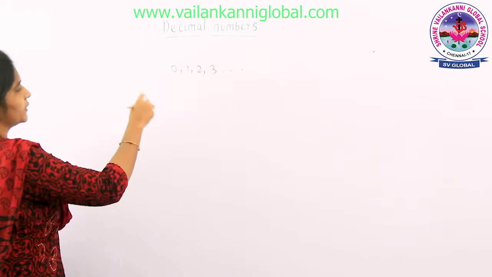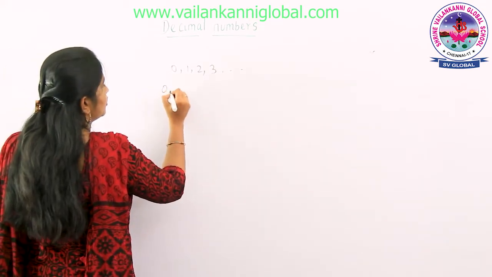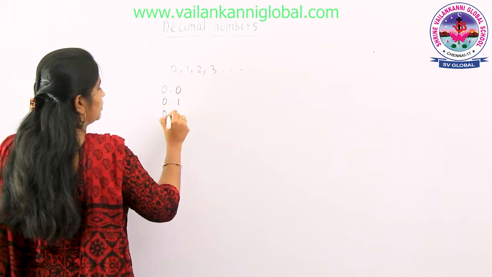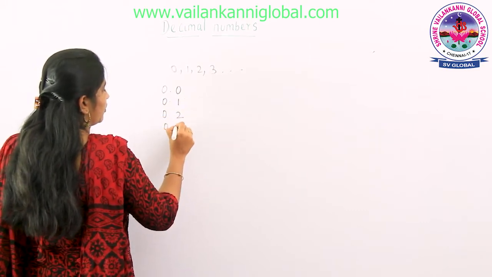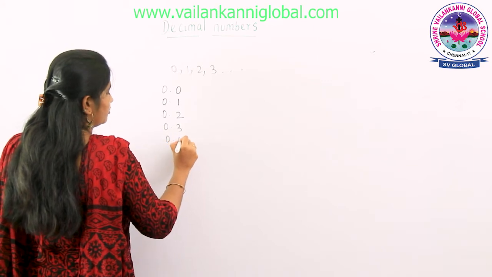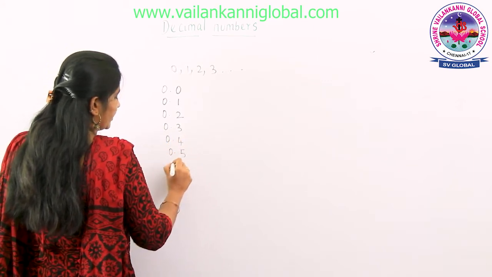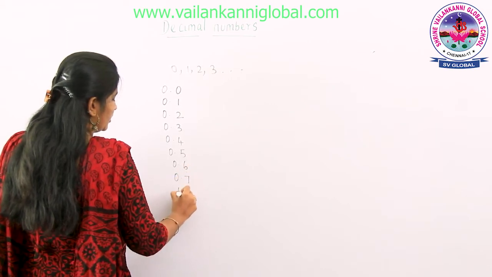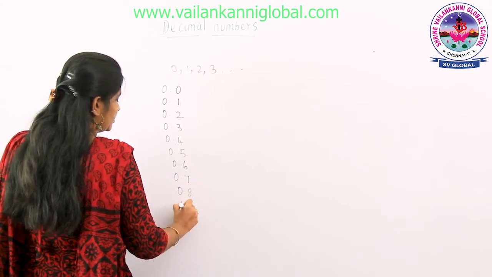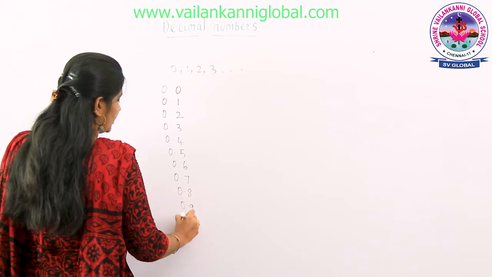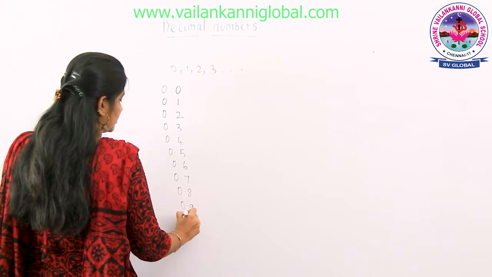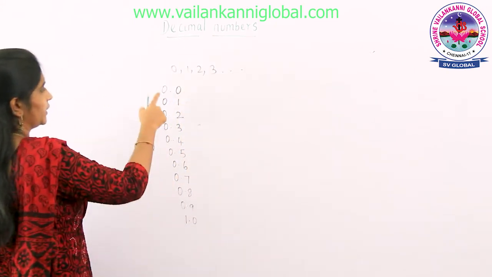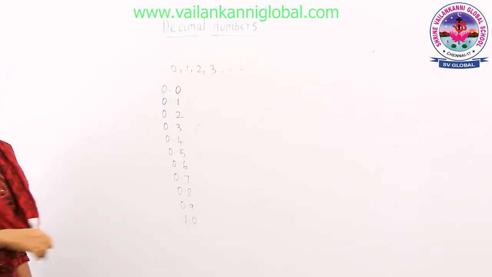In decimal numbers, you will write it as 0.0, 0.1, 0.2, 0.3, 0.4, 0.5, 0.6, 0.7, 0.8, 0.9 and finally you will have 1 which is 1.0. So these are the numbers that are present between 0 and 1.